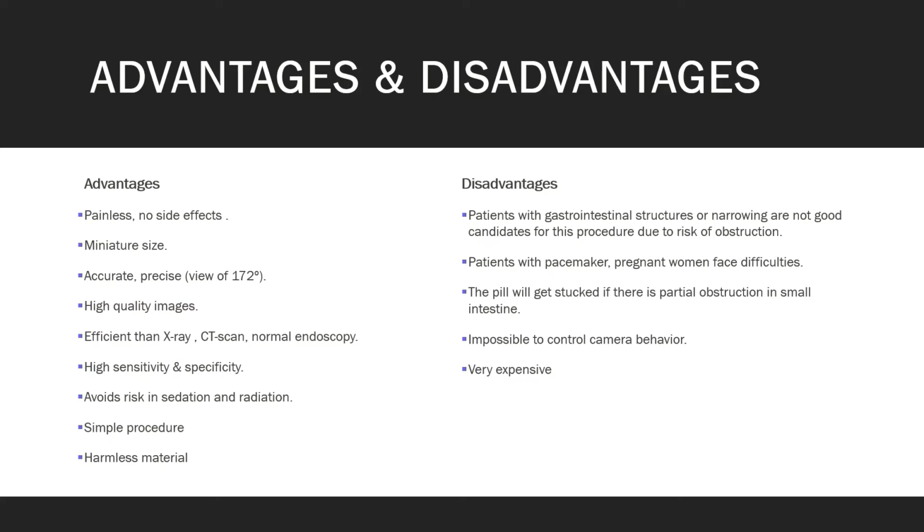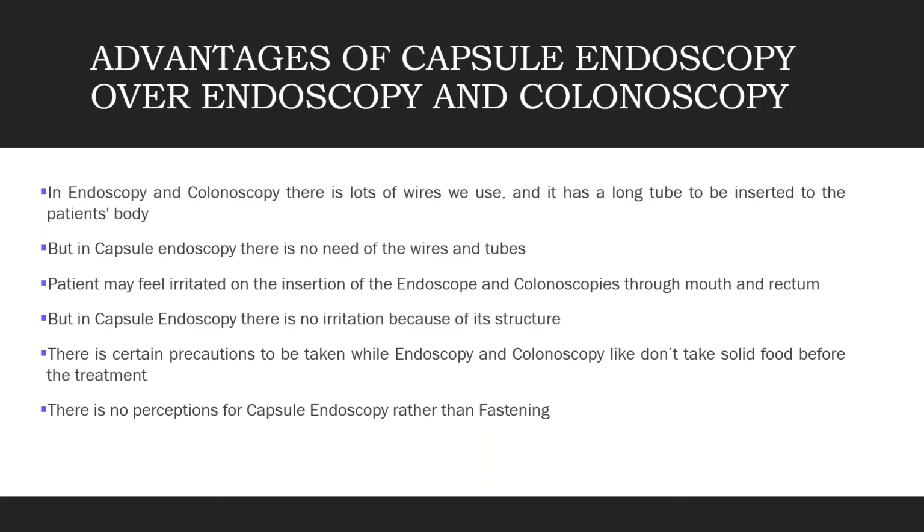Advantages of capsule endoscopy over endoscopy and colonoscopy. In endoscopy and colonoscopy, there are lots of wires we use, and a long tube has to be inserted into the patient's body. But in capsule endoscopy, there is no need for wires and tubes.